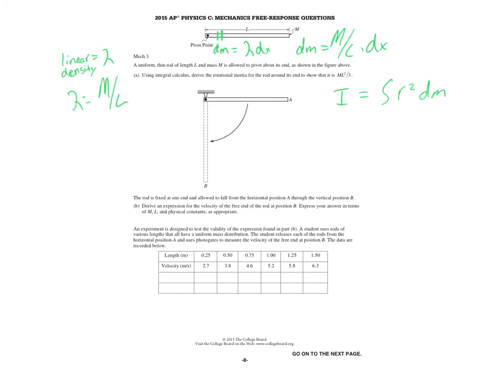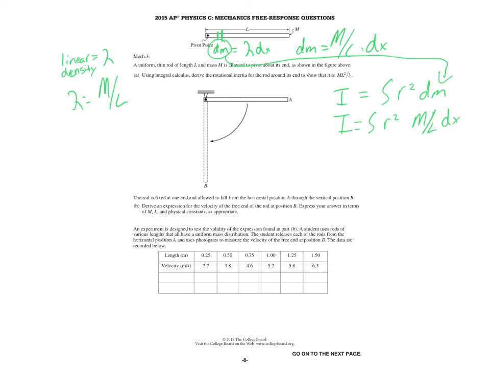There we go. And so now, what you do is you take this dm and plug it in here, and so I is going to be equal to the integral of r squared m over L dx.